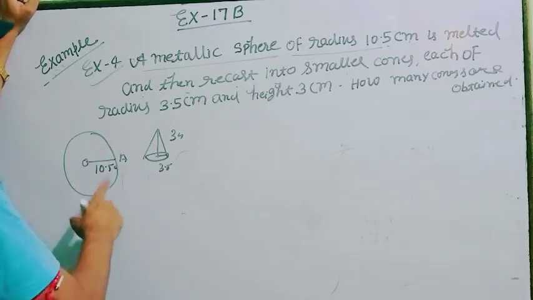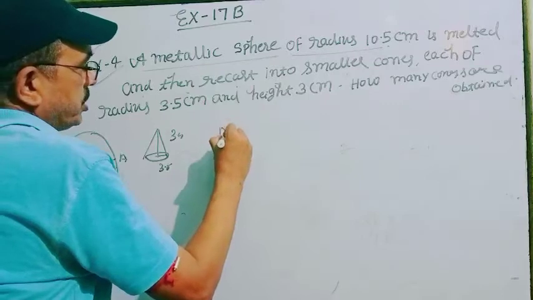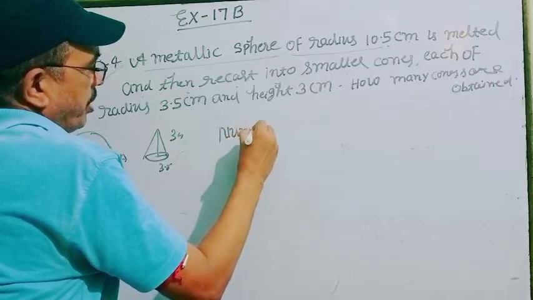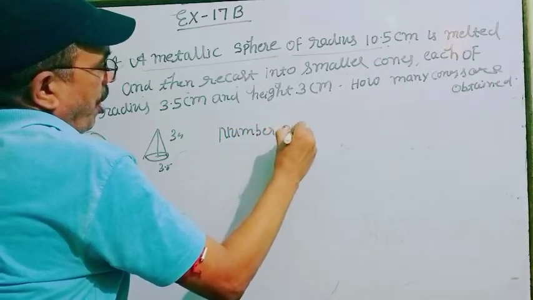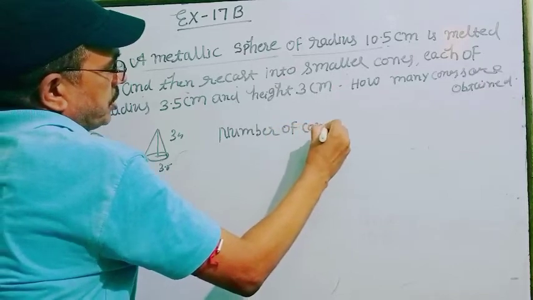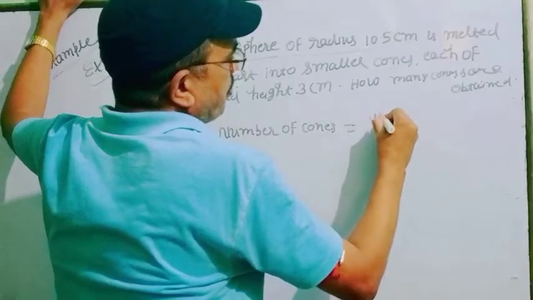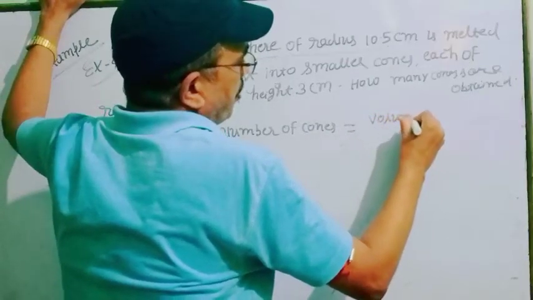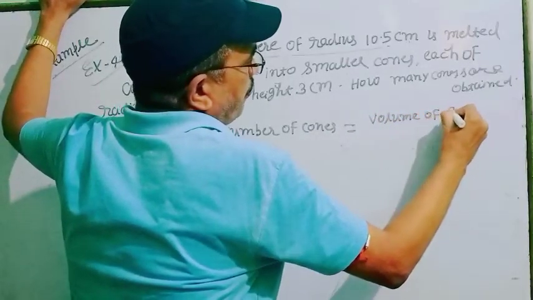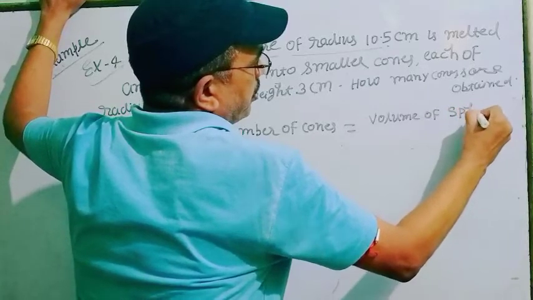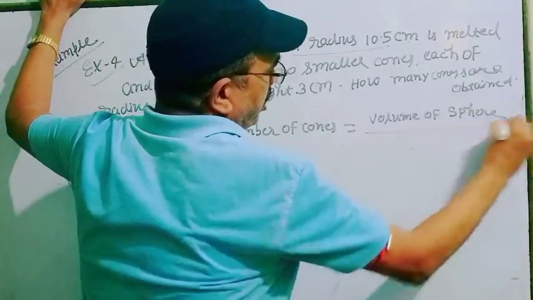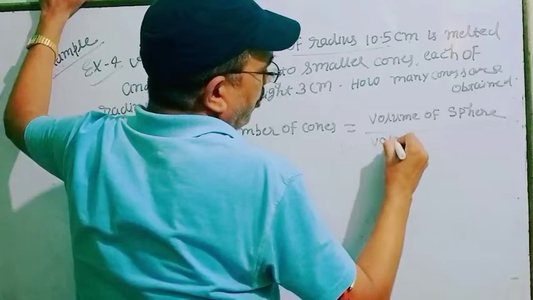So you write the number of cones is equal to volume of a sphere by volume of cone.